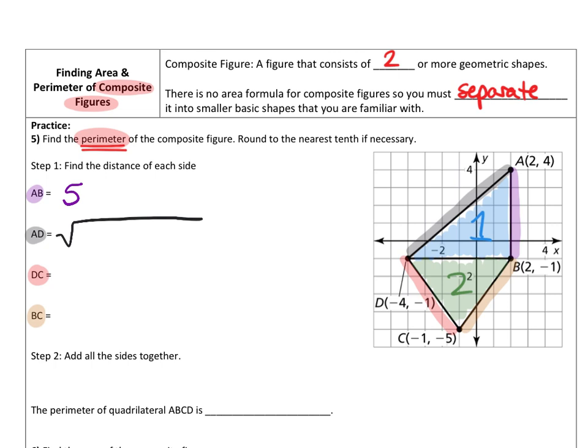If I was going to label these, I would label it x1, y1, x2, y2. So this is 2 minus negative 4, close parentheses, squared, plus 4 minus negative 1, close parentheses, squared.